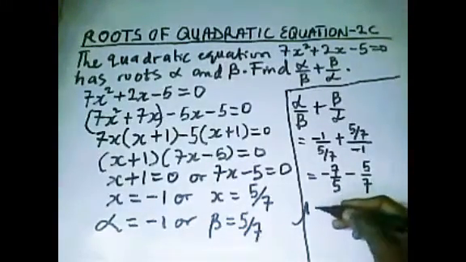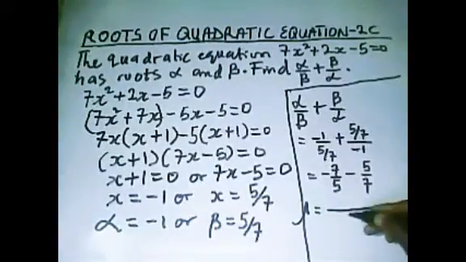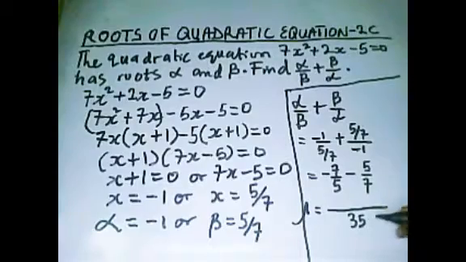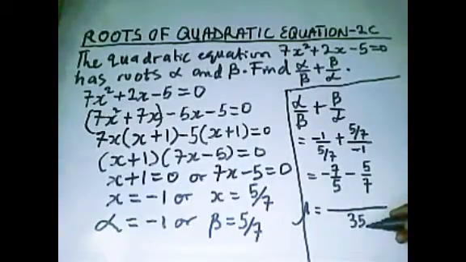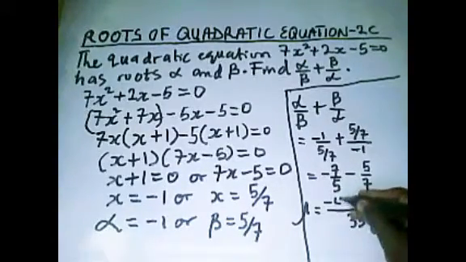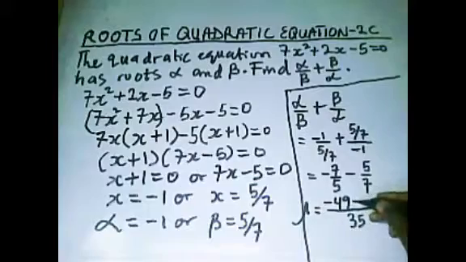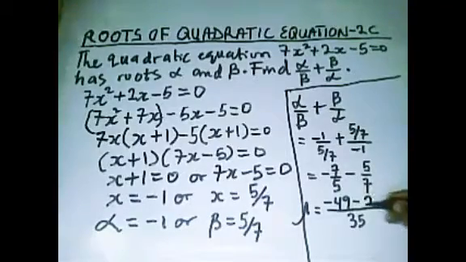So the final thing we are going to do here now is to look for the LCM of 5 and 7, which gives us 35. And if we move on to say 5 into 35, that will give us 7. 7 times minus 7 will give us minus 49. Then here we have minus. Then 7 into 35 will give us 5. 5 times 5 will give us 25.